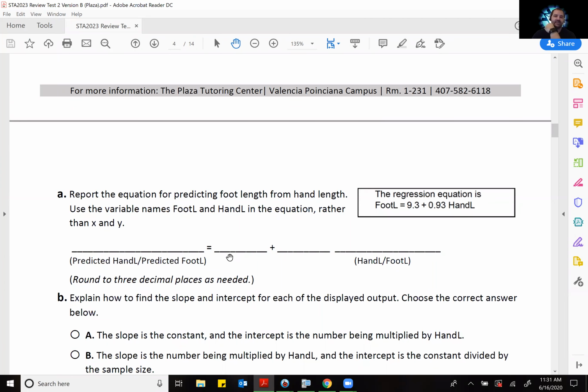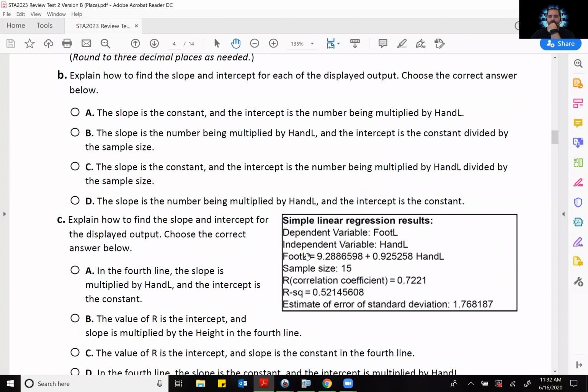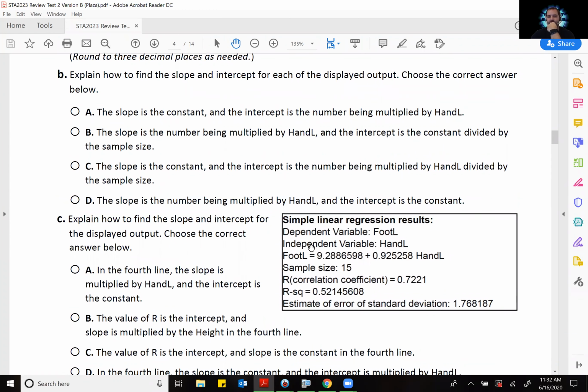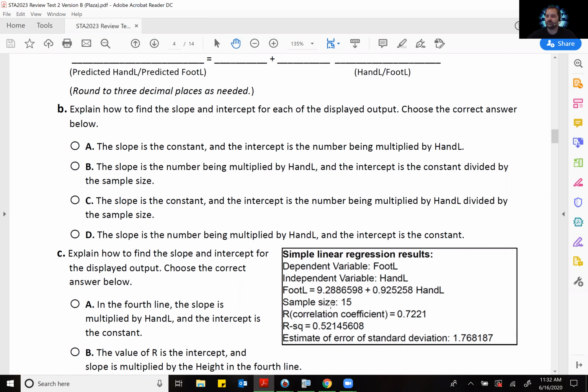It actually says to round to 3 decimal places, so we might want to look at some of these other ones, like right here. This will be more informative for us. Does that make sense? So not 9.3, but 3 decimal places. 9 point what? 9.289. You got it.